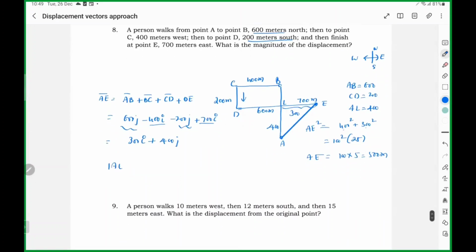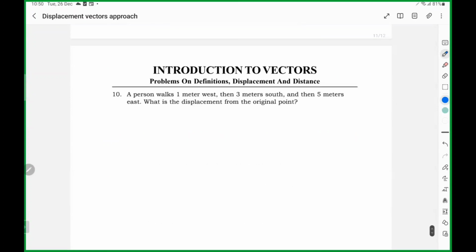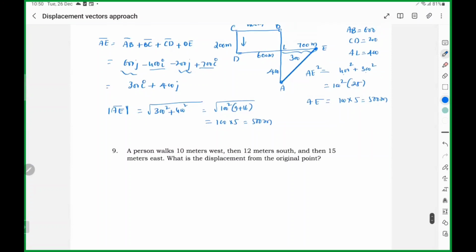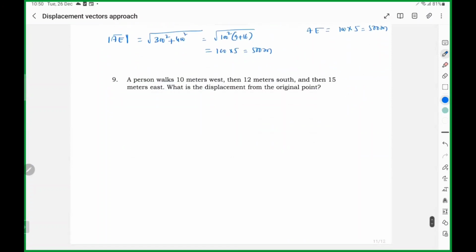So AE will be root of 300 square plus 400 square, if you take 100 common, 9 plus 16, 100 into 5. So like this you can solve any problem by using vectors or directly, whatever you feel comfortable.